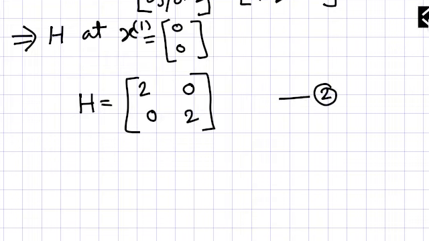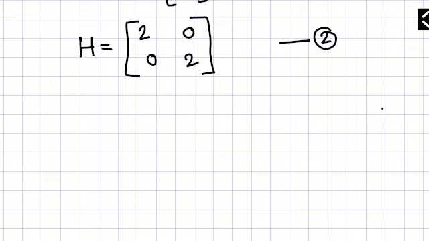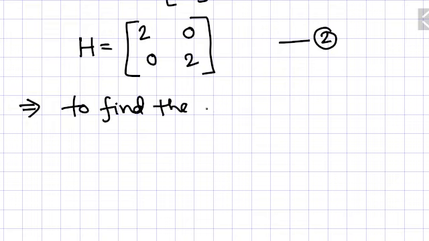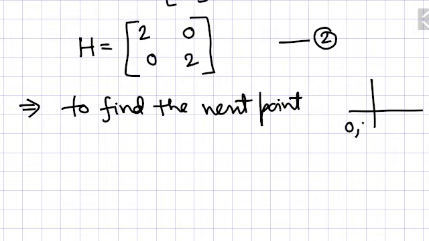Then in this method, what we have to do is, here I am writing the third step: the formula to find the next point. If I show you in the graph, this was your starting point, so you will go here and find the next point.